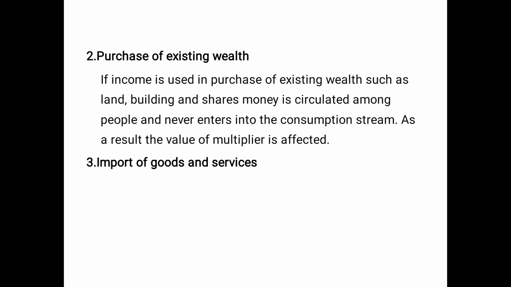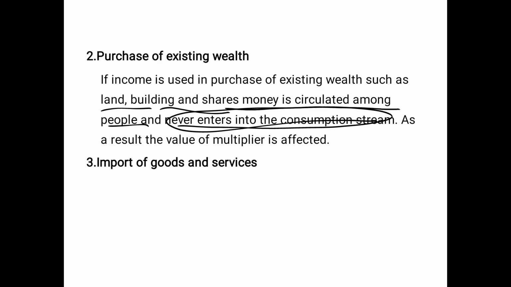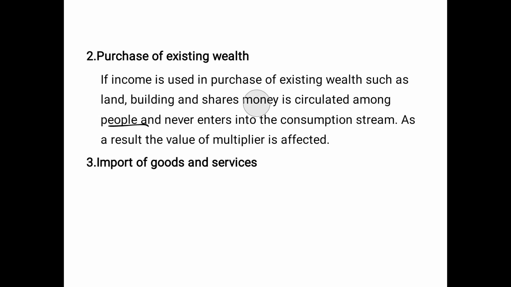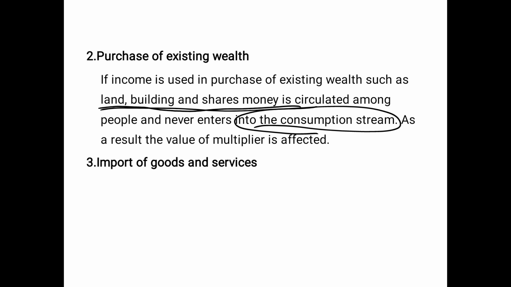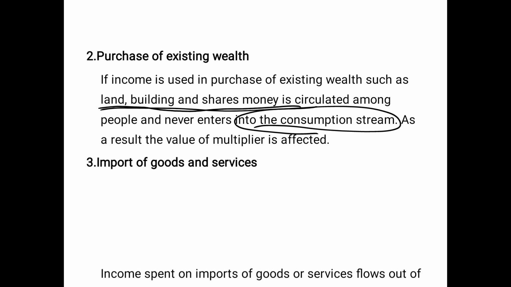When your income becomes excess, you try to buy wealth like land, building, or shares, and the money circulates among the people and never enters into the consumption part at all. Already it was mentioned that when income increases, consumption increases, but not necessarily. If you invest in any of these assets, your consumption decreases. This is also a leakage in the multiplier.